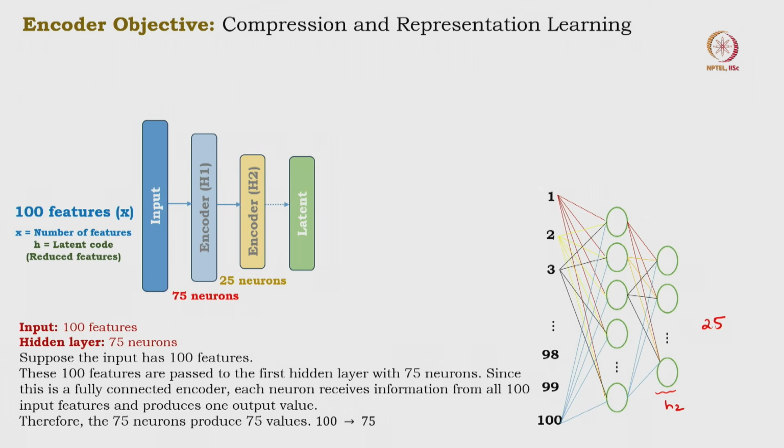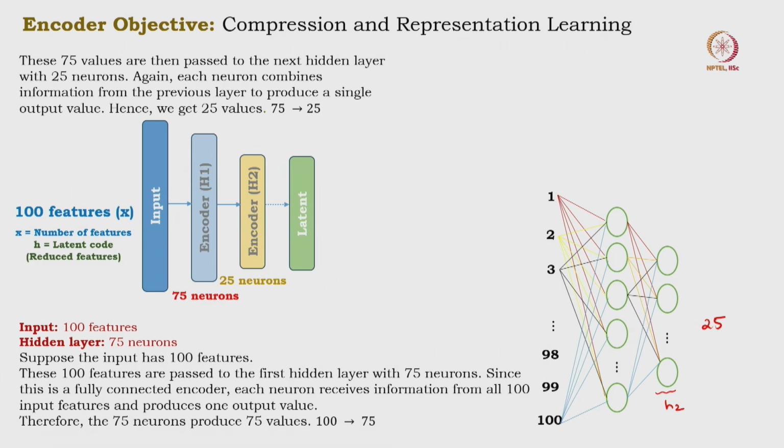What is the role of an encoder? To learn representation learning. What is representation learning? It is a compact representation of a given input. Now the given input is 100 features. From this, have you not reduced it to 25, which is a compact representation of the given 100? Yes. So the output of this hidden layer H2 is this latent space.